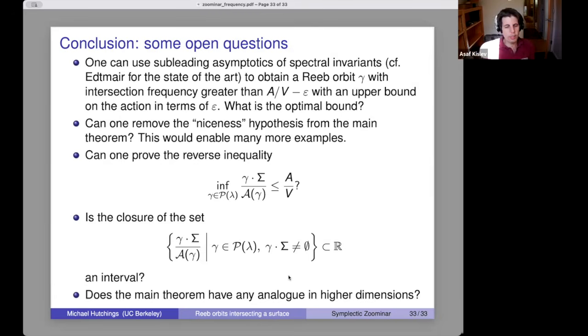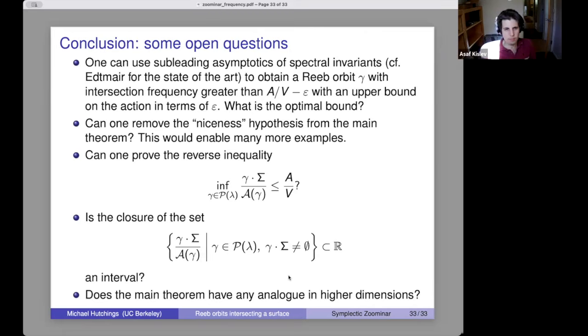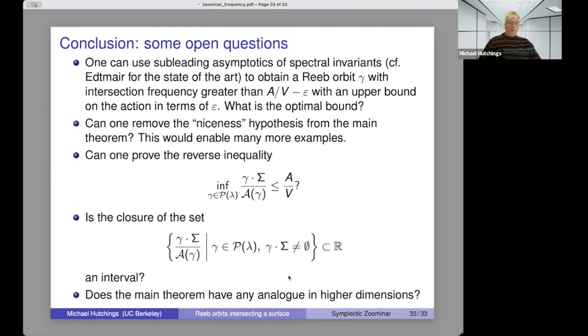So the niceness hypothesis, is it generic for elliptic curves? No, it's very non-generic. I'm assuming because an elliptic orbit says the linearized return map is a rotation.